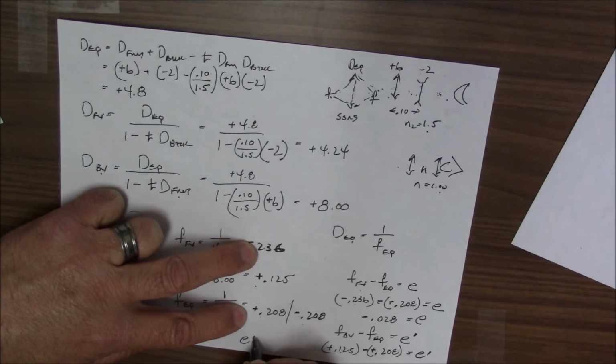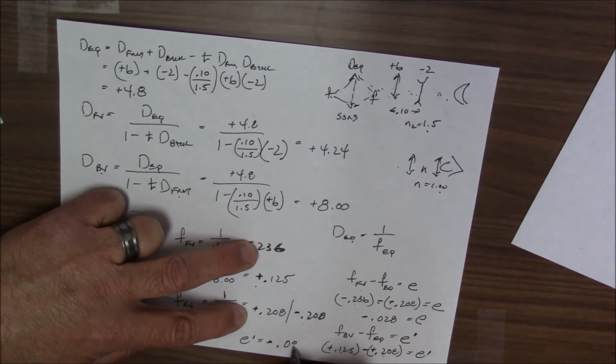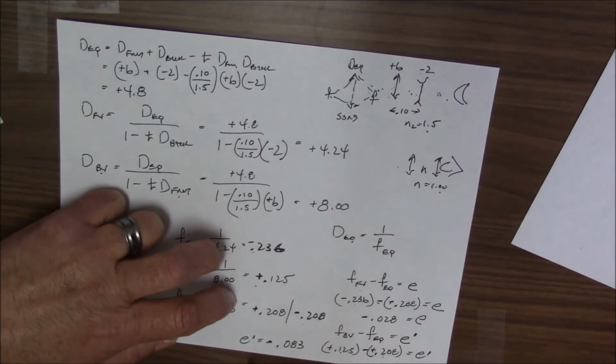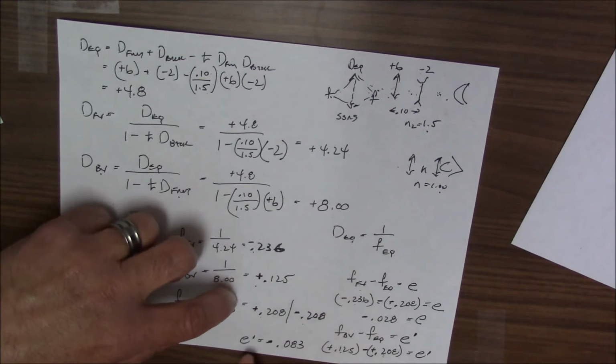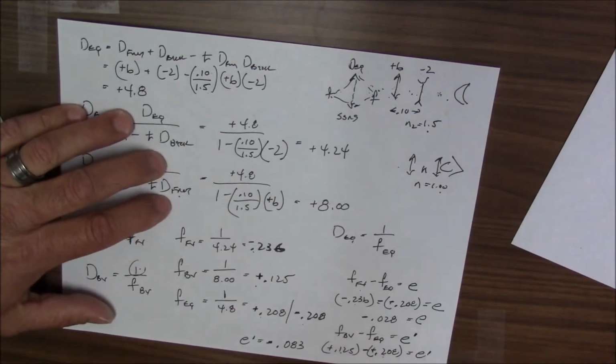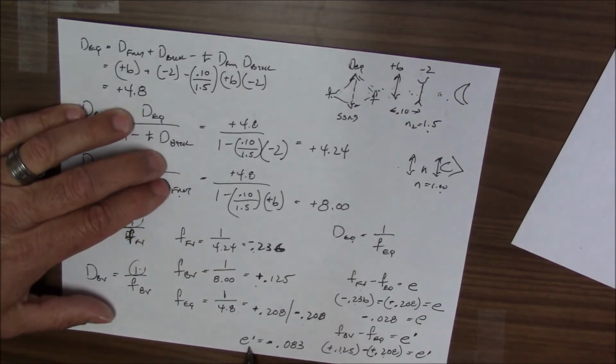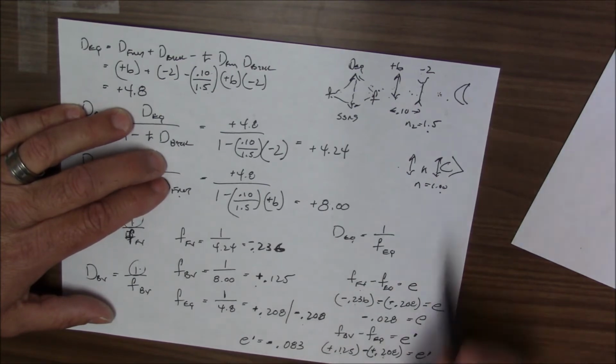My E prime, when I do this, is going to be this minus this. This one is bigger than this one, so it is also going to give me a minus value, minus 0.083 when you do the math. That's going to be the location of my secondary plane. What does this mean? It means the location of my secondary plane is actually going to be in front of the real lens.